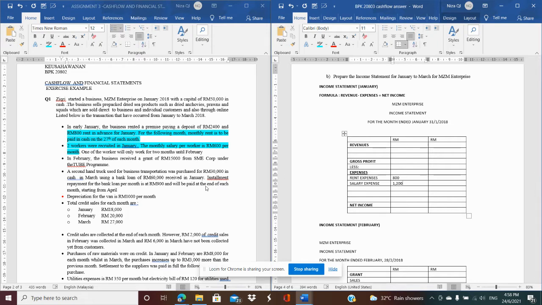Then in February the business received a grant of 15,000. This is actually a revenue, received in February. Why do I say that a grant is a revenue? Because we cannot treat a grant as equity.